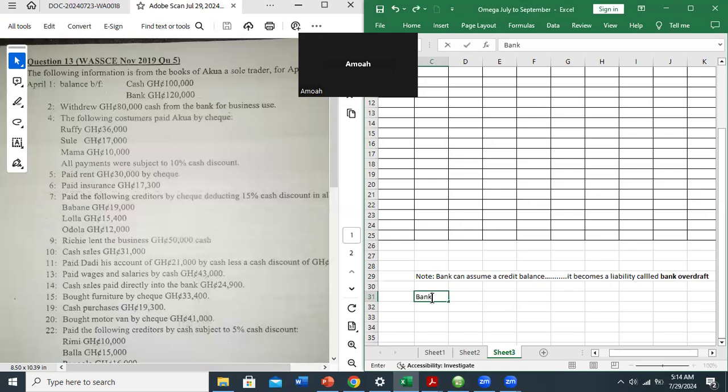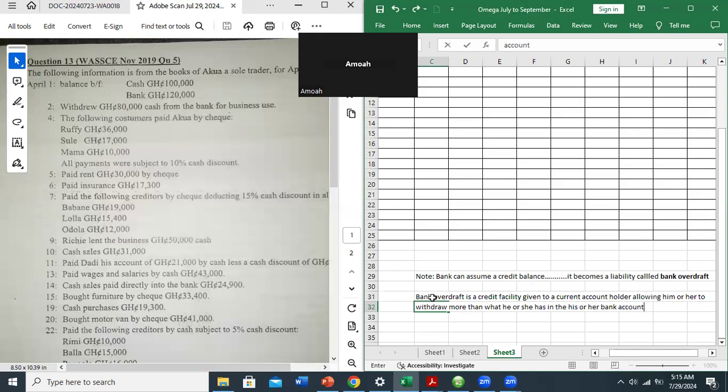Bank overdraft is a credit facility given to a current account holder, allowing him or her to withdraw more than what he or she has in his or her bank account.